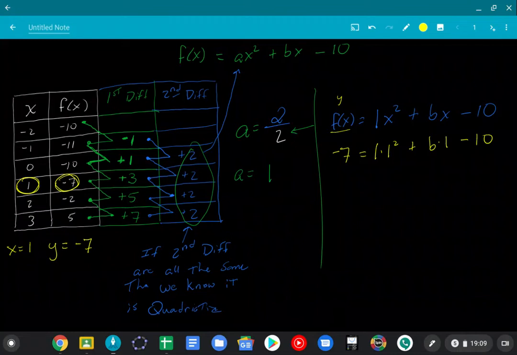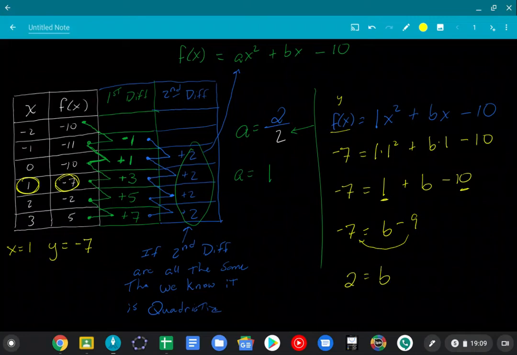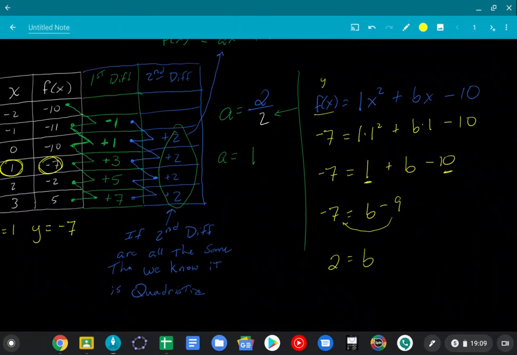Look at that. If I simplify this just a little bit, -7, 1 times 1 times 1, that's all 1. B times 1 is just b. Look, I could totally solve for b. I can combine these two terms. That's going to be what? B minus 9. And then I can add 9 to the other side, which is going to be 2. And I finally have my entire answer now.